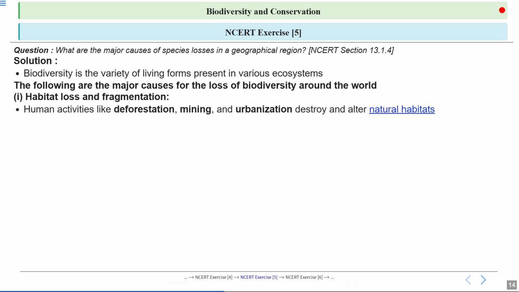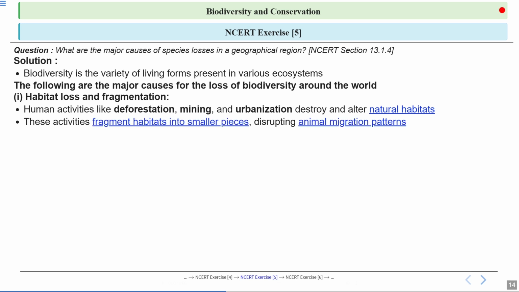Now, human activities such as deforestation, mining, and urbanization destroy and alter natural habitats, which are essential for the survival of various plant and animal species. Now, these activities lead to loss of biodiversity, disruption of ecosystem, and imbalance in nature, ultimately affecting the environment and human life as well.